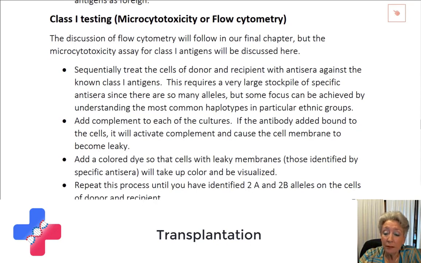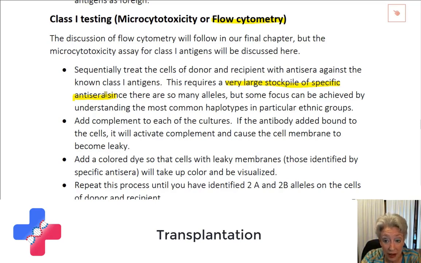Class 1 testing is done either by flow cytometry, which is something that we'll go through in our final chapter, or by a microcytotoxicity test, which I'll speak about here. What I have to have, if I am a laboratory that supports a transplant team, is a very large stockpile of specific antisera that recognize all of the possible alleles in the human genome as far as HLA is concerned.